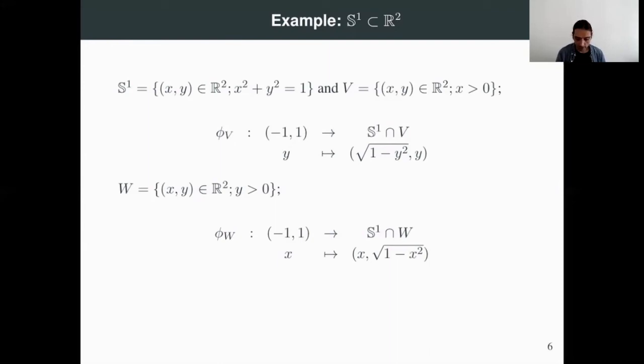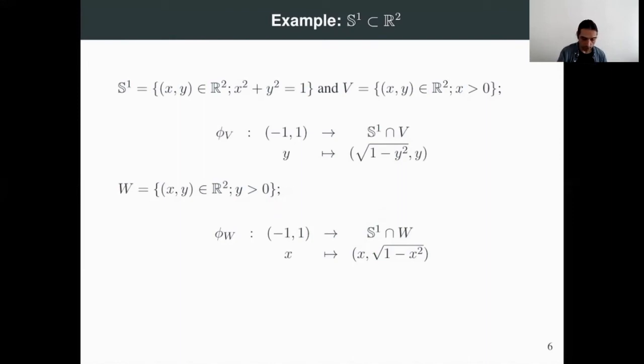Since we are considering just the points whose second coordinate y is positive, the square root here is still positive. Of course, if we consider a negative x, then we should take the negative square root. And if we consider points with negative second coordinate, here we also have to consider the negative square root.